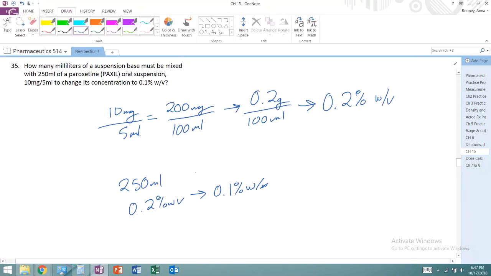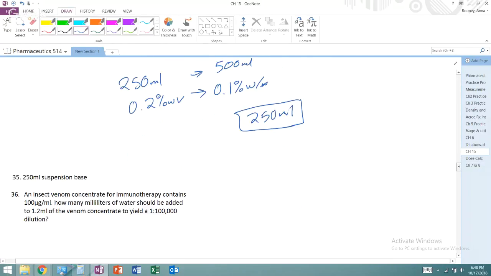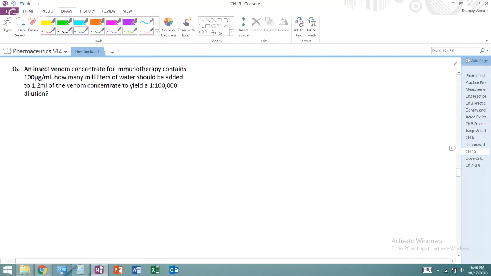So your total solution in the end would be 500 mLs, but the amount of diluent that you would have to add would have to be 250 mLs, because you're just doubling it. Unfortunately, for me, this is very common sense, so I don't have a mathematical way to explain it as well as I wish I could. But that is right.